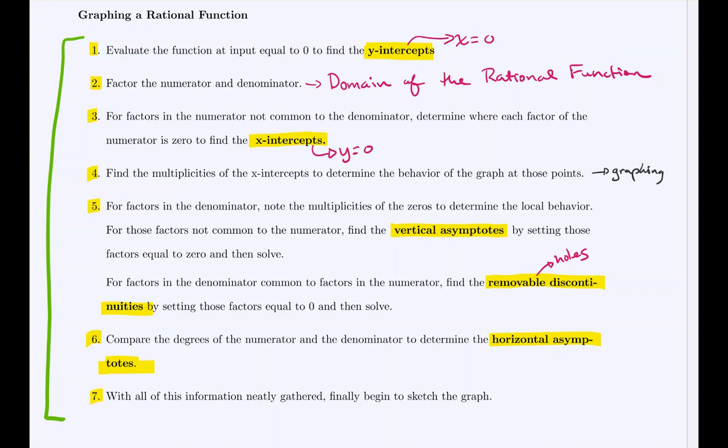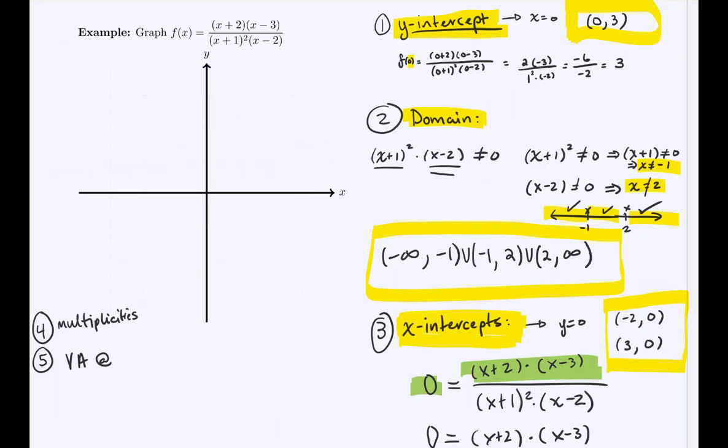We know vertical asymptotes occur when the denominator is equal to 0. So for vertical asymptotes, you're looking for when is the denominator equal to 0, so long as it's not also a term on the top. In our case, none of the terms cancel out. They're all distinct. So we want to look for when x plus 1 squared equal to 0.